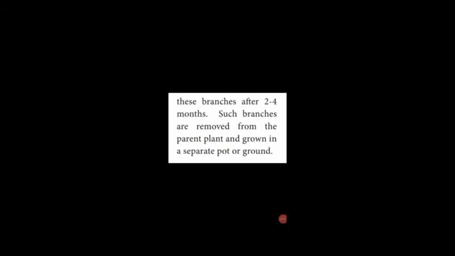That is, you have to take the stem and girdle it, or remove the content of the nodal region, and this region is applied with hormones externally. Then these nodal regions are covered with damp or moist soil and polythene.